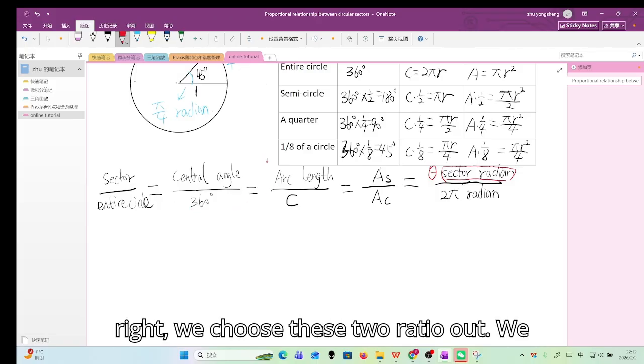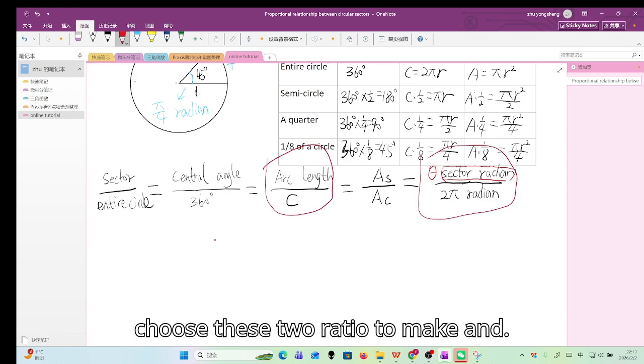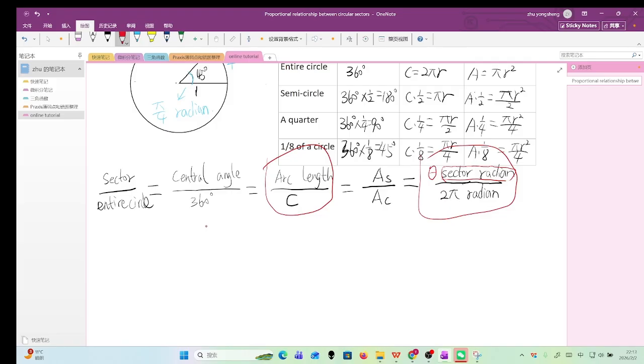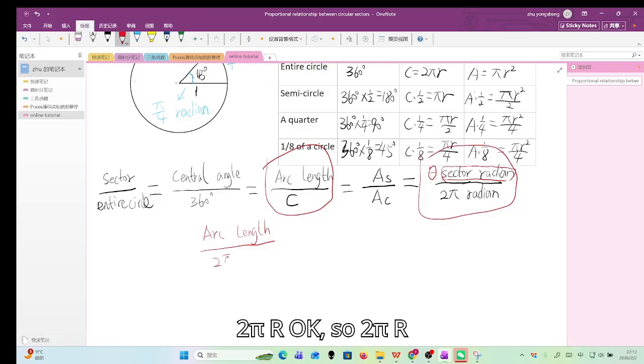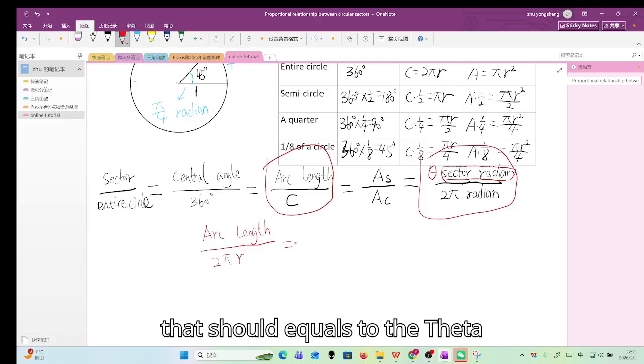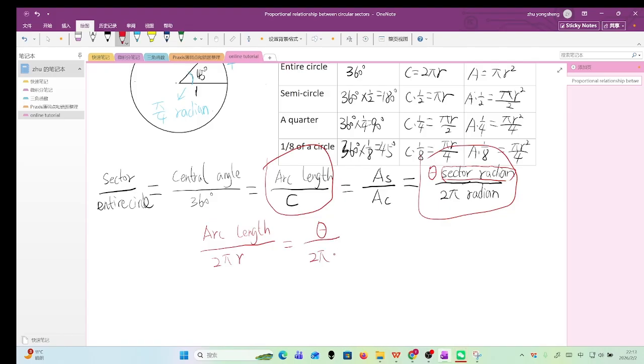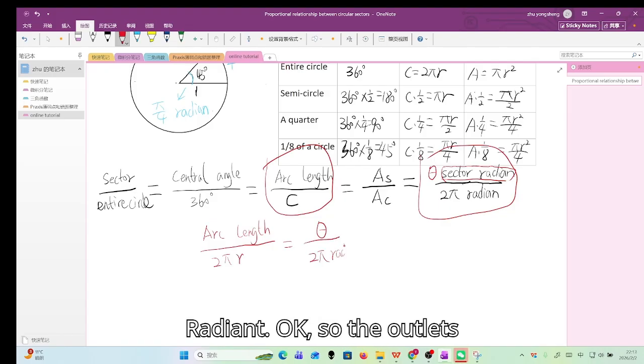All right, we choose these two ratios to make an equation. Arc length over circumference, which equals 2 pi r, should equal theta over 2 pi radians.